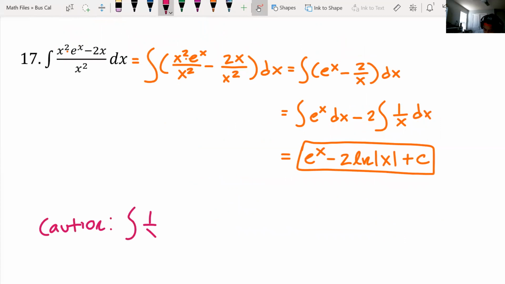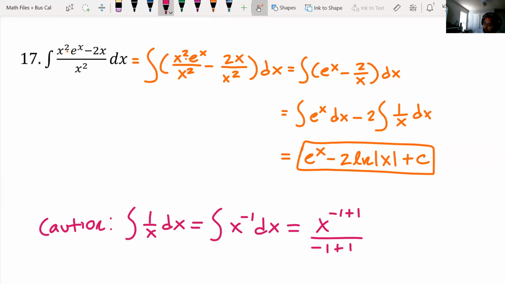So the integral of 1 over x dx, if you made it into the integral of x to the negative 1 dx, we're going to run into issues, because if you use the power rule on this, you'll get x to the negative 1 plus 1 over negative 1 plus 1, which gives me x to the 0th over 0. Anything to the 0th is 1, and the denominator is 0. Can you ever have 0 in your denominator?